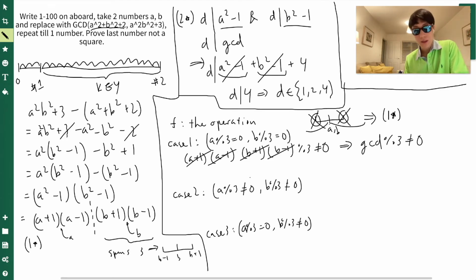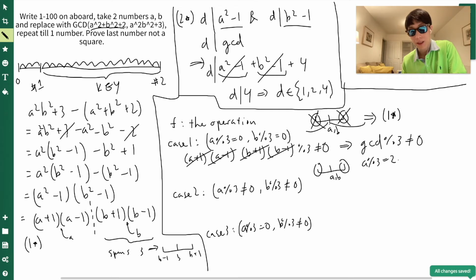Now let's look at the case where both a and b are not multiples of 3. Well, in this case, again, we look at the same picture, right? I have a and b here. I know at least one of these has to be a multiple of 3. The reason is, let's take a look. Imagine if a mod 3 is equal to 2.